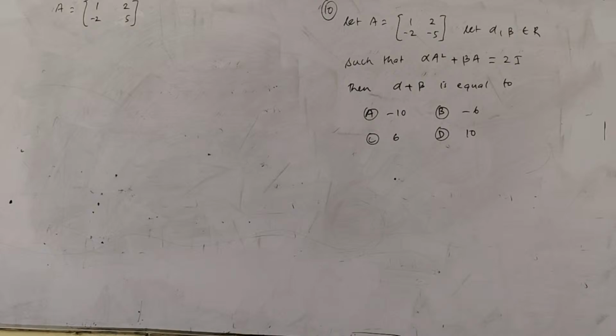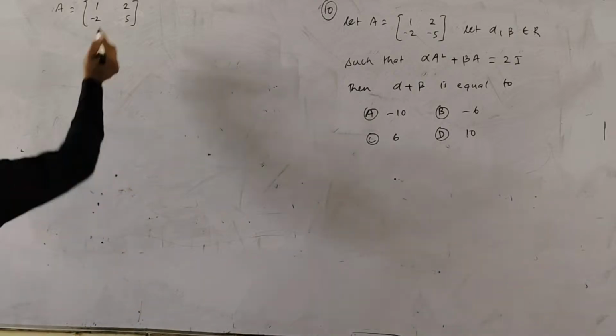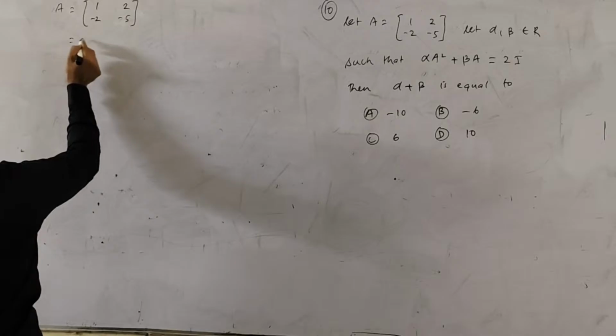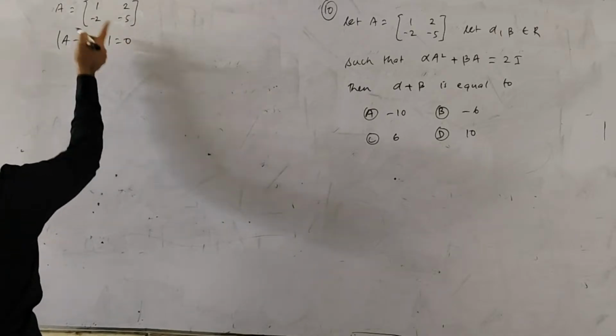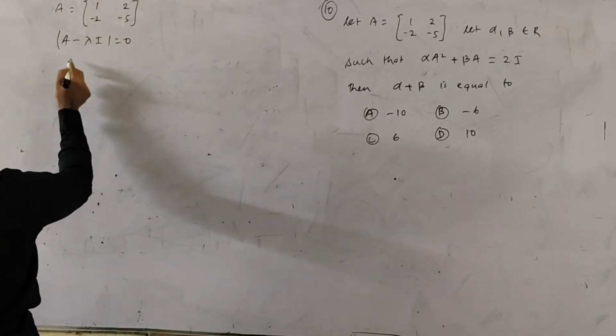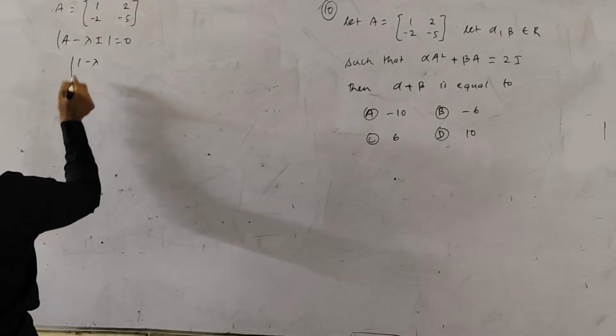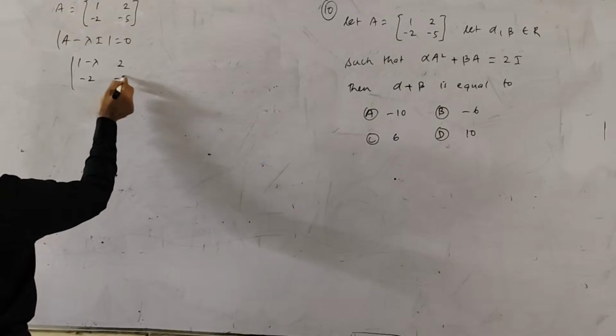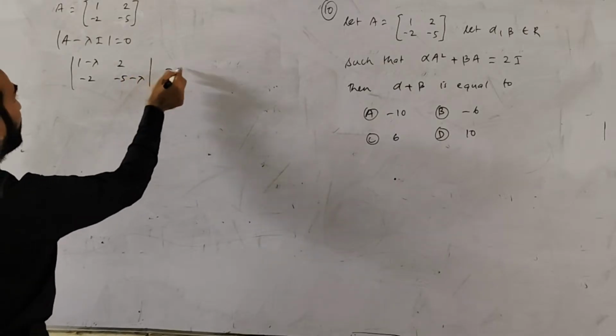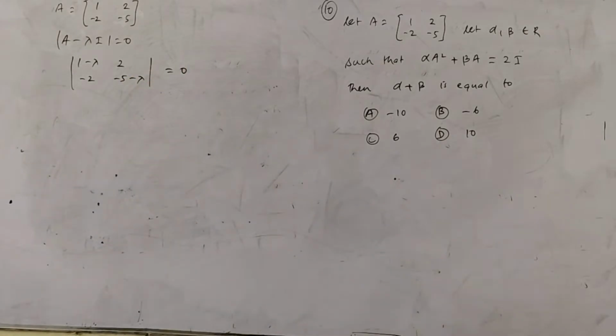So A minus lambda I, it will become what? A minus lambda times I is equal to 0. So that will become what? A minus lambda basically. So this will become 1 minus lambda. We have to find the determinant of this. 1 minus lambda, 2 will remain as it is, minus 2 will be here, and minus 5 minus lambda, and that determinant will be equal to 0, right?